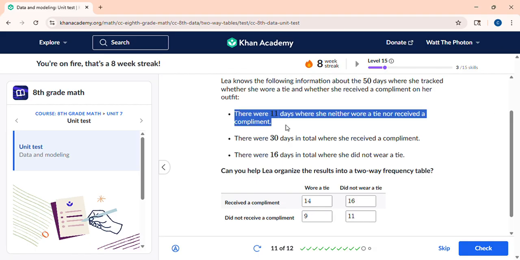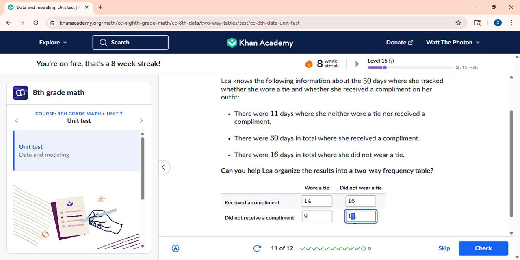So there's 11 days where she wore neither a tie nor received a compliment. That's correct. There are 30 days in total where she received a compliment. Correct. There are 16 days where she did not wear a tie. Oh, in total. So that has to be 5.